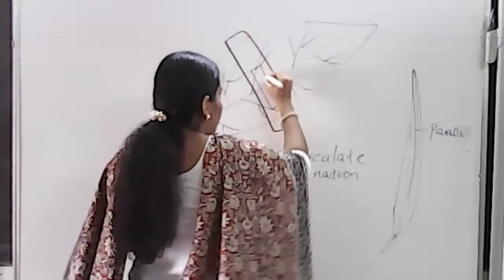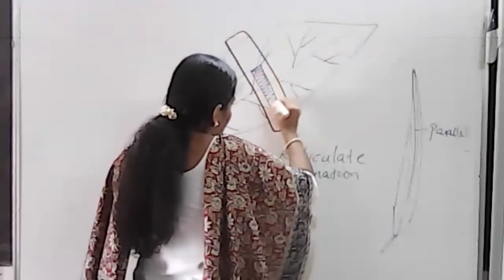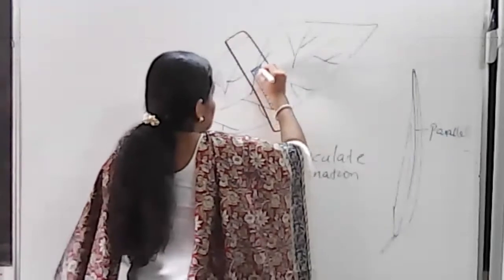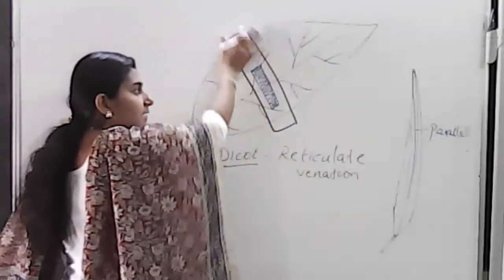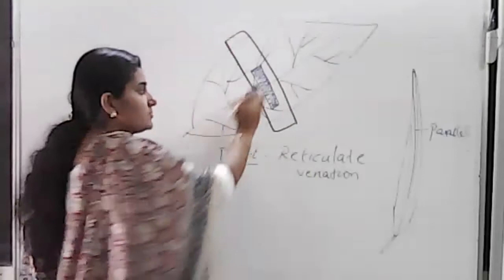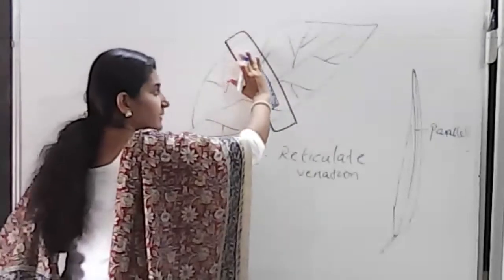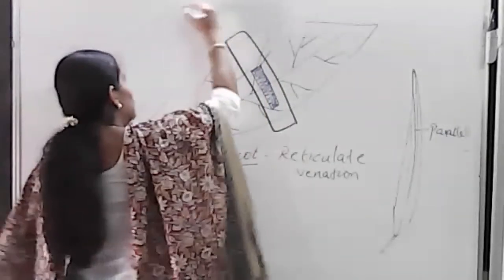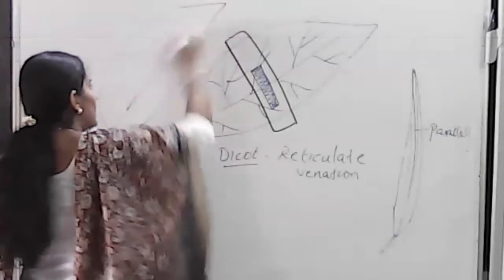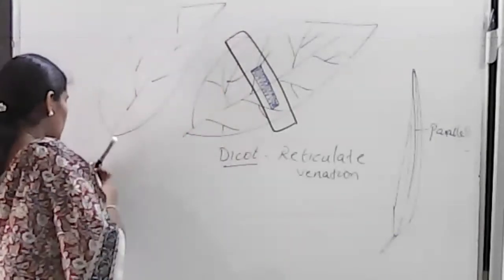Cobalt chloride paper, when it is in dry form, will be blue in color, isn't it? This is the cobalt chloride paper we have kept on the lower surface, and one glass slide is pasted just to prevent contact with atmospheric air. So on one side we have kept it like this. Now coming to the other side, on the upper side also we do the same arrangement. Here also we do the same.